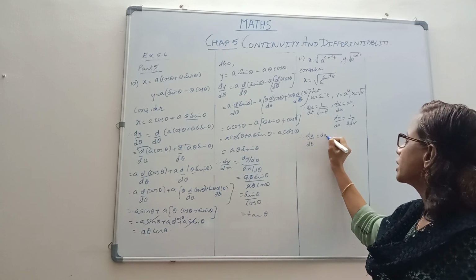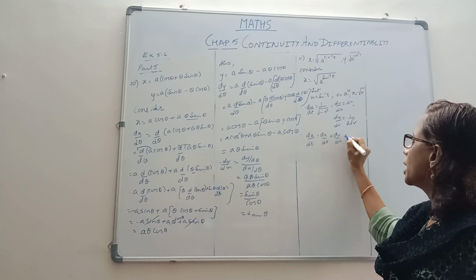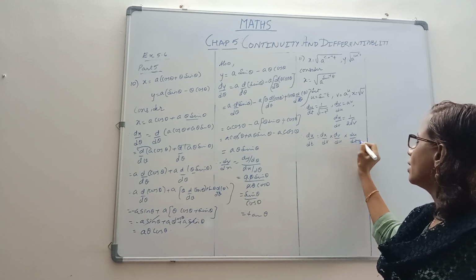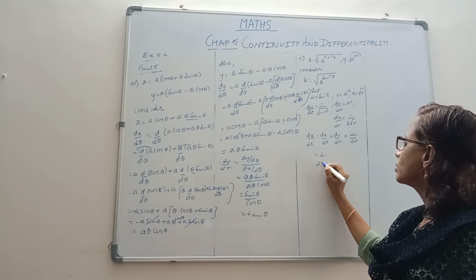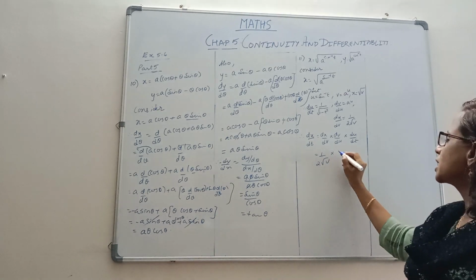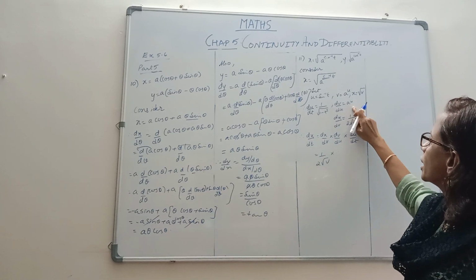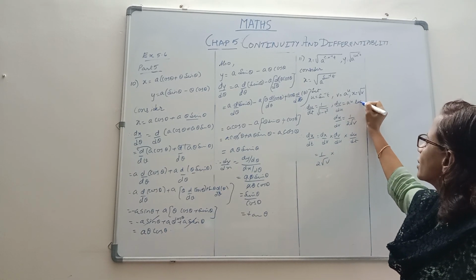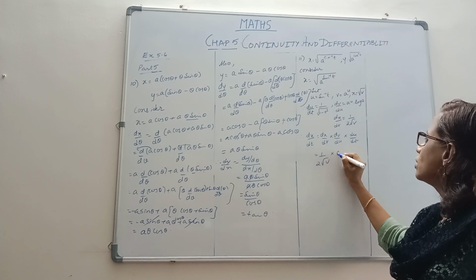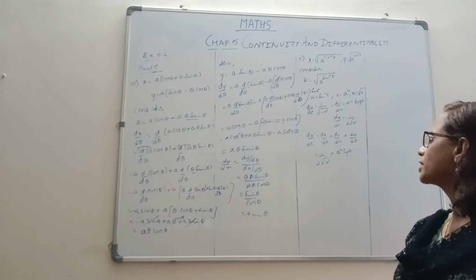How? dx by dt is dx by dv, dv by du and du by dt. dx by dv is 1 by 2 root v. dv by du is a raised to u log a. We've done that on the first day itself.